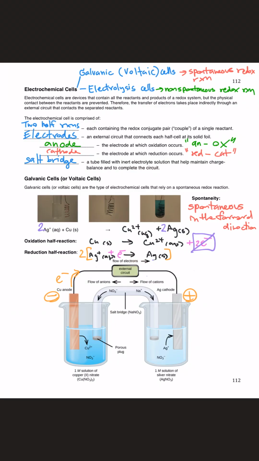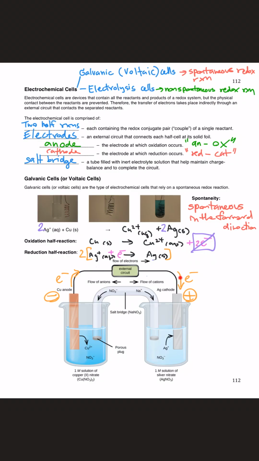Okay, so now what happened then? On the cathode side, the silver ions floating in the solution would then accept the electrons, right? According to the reduction half reaction, it's going to accept the electrons as they travel from the anode to the cathode.